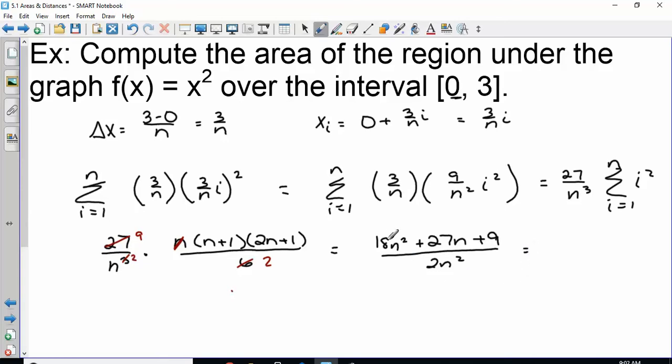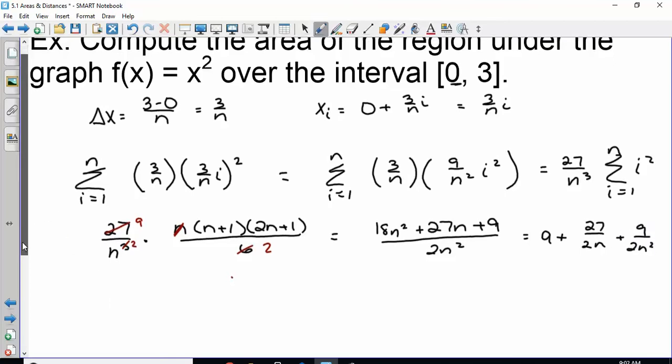Finally, I think I'm just going to put each term over the denominator, since the denominator is one term. So 18n squared over 2n squared is 9. 27n over 2n squared would be 27 over 2n. And 9 over 2n squared. So that is the formula.